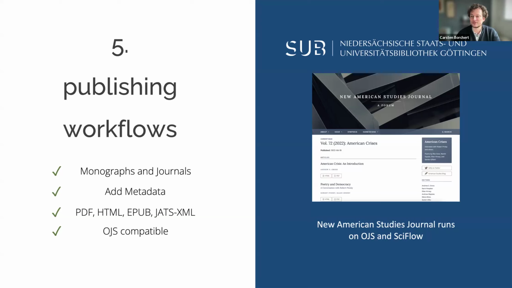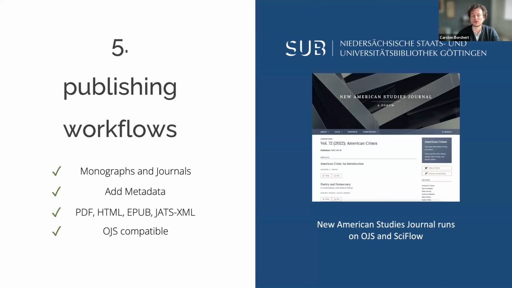For example, if researchers at the institution run a scholar-led journal, run a Diamond Open Access journal, and are looking to produce the actual typeset PDF, HTML, EPUB, JATS-XML, or there's a university press who produces publications, there might be that SciFlow is a tool that could be useful as well.